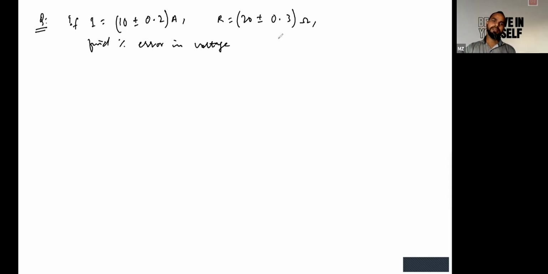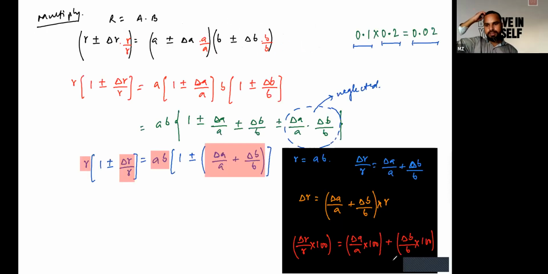You must have learned in class 10 about Ohm's law, voltage is equal to current times resistance. So if you have to calculate voltage, it is equal to the product of current and resistance. Now in this question, we have to find the percentage error. So just use this concept and try to get your result.